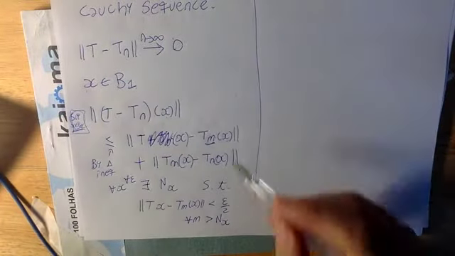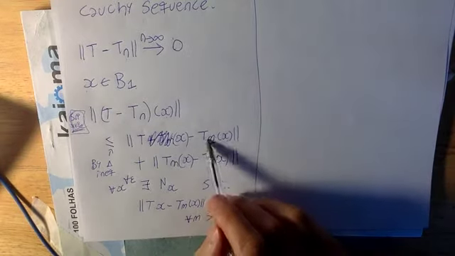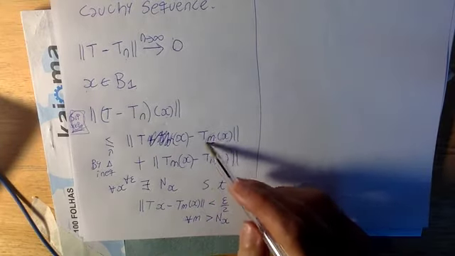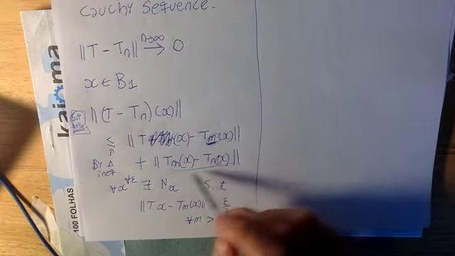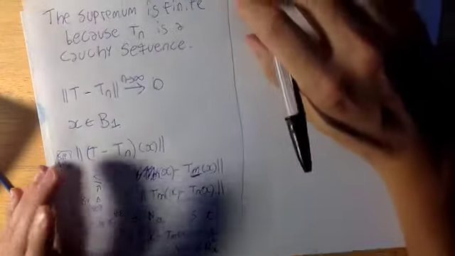That's why I introduce this Tm here, because here we'll have to take an m which is really, really large, but here we won't have to take an n that is arbitrarily large, because of the Cauchy property. Where is the Cauchy property?